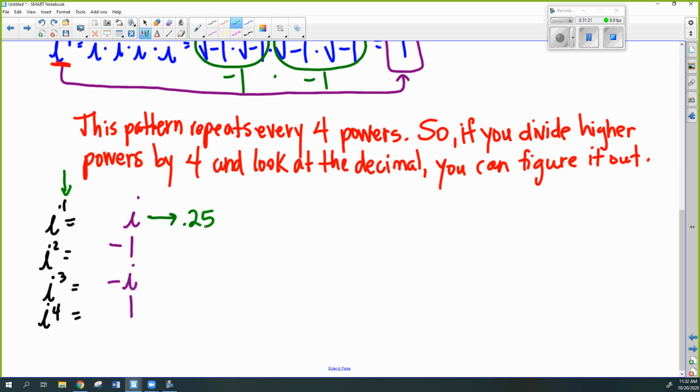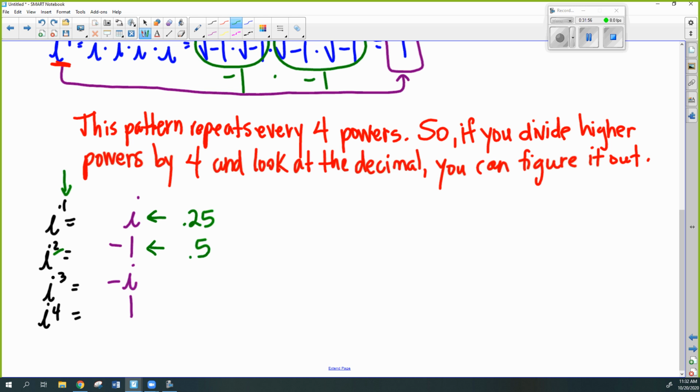Okay? All right, what if I take 2 and divide by 4? 2 divided by 4, what decimal is that? Good, 0.5. And let's put the arrow on the other end. Okay.